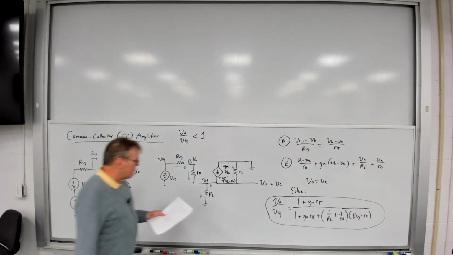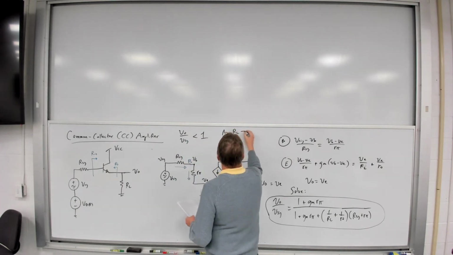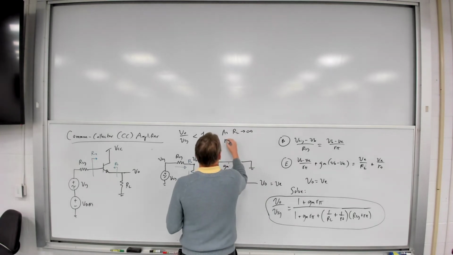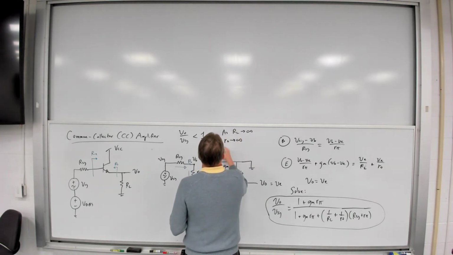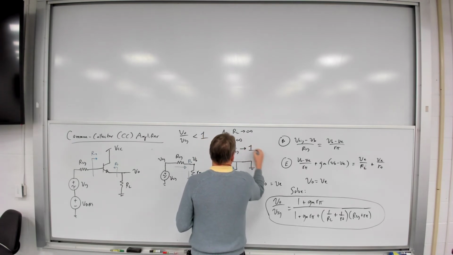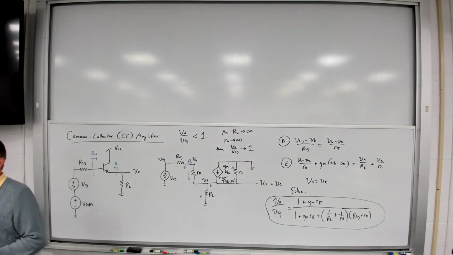If we can make RL larger, and if we can make little r sub o larger, then V over V sig will approach unity. But we'll never quite get there, because of course we can't get infinite values.